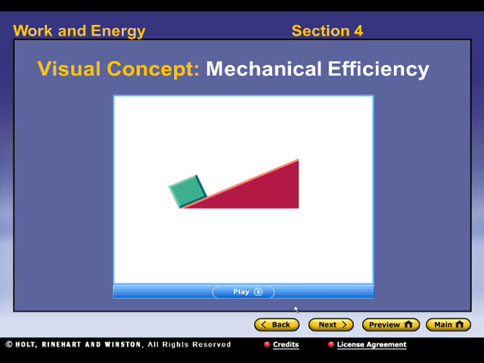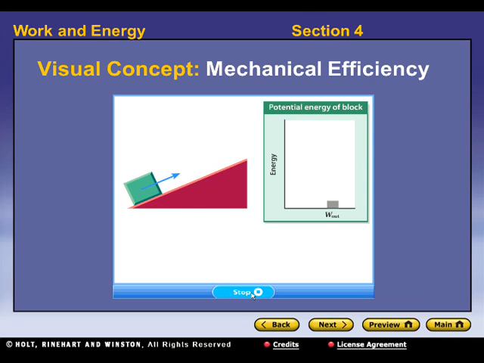Alright, so let's watch this visual here on mechanical efficiency. The mechanical efficiency of a machine compares the amount of work energy output by the machine to the amount of work energy input into the machine. In the case shown here, energy is put into the system by the force that moves the block up the incline. As a result, the block gains gravitational potential energy. This is the output work of the machine.